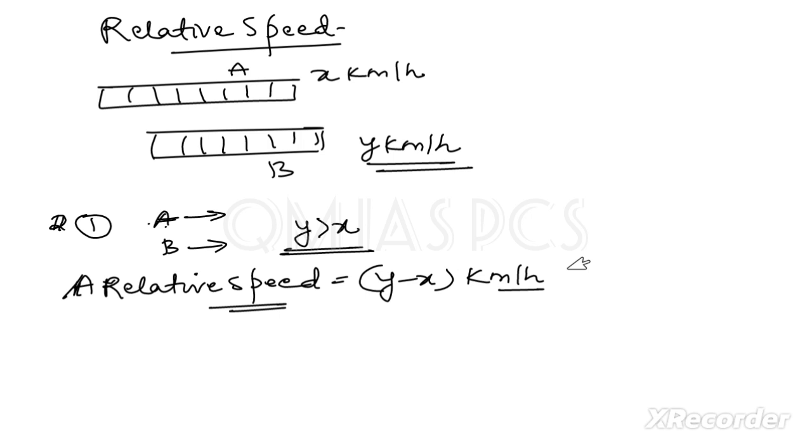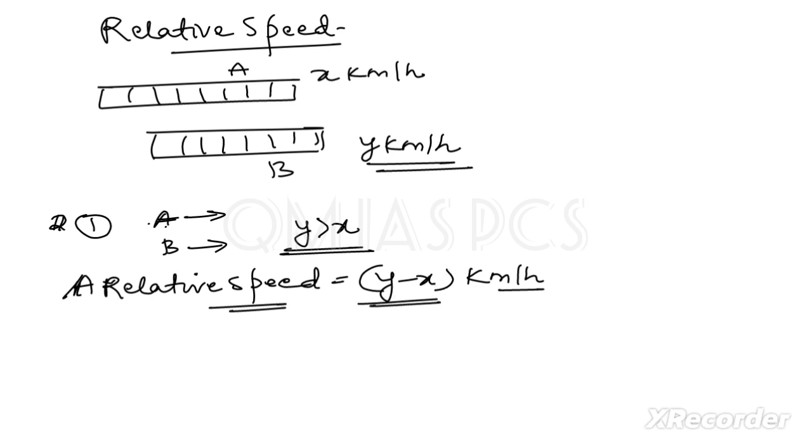When any two vehicles or bodies travel in the same direction, we subtract the speeds of both.